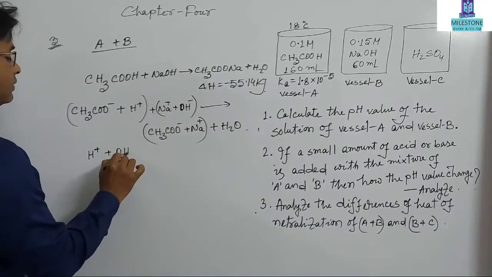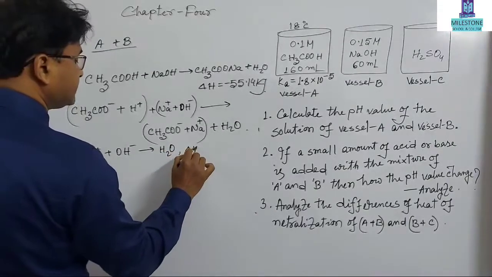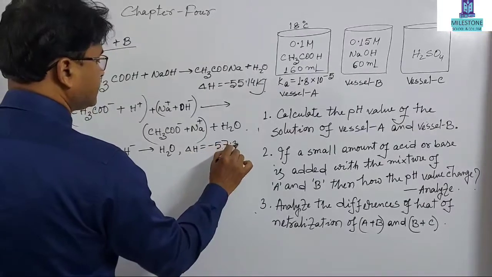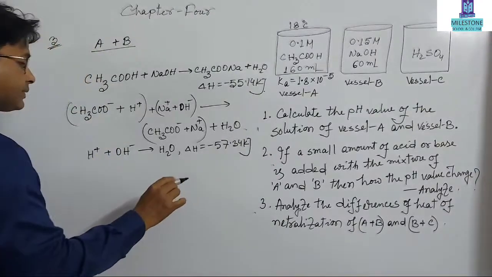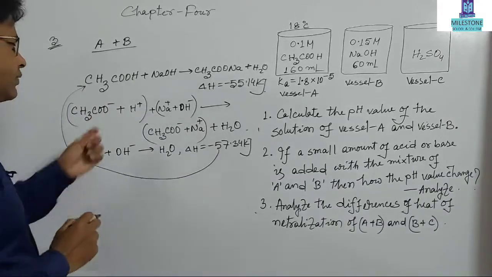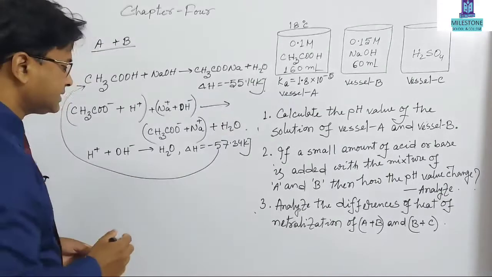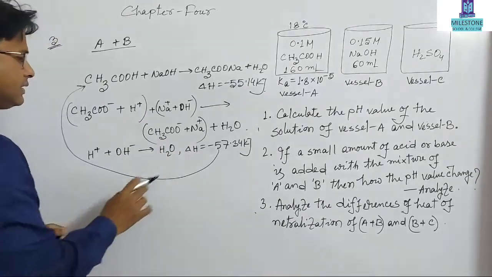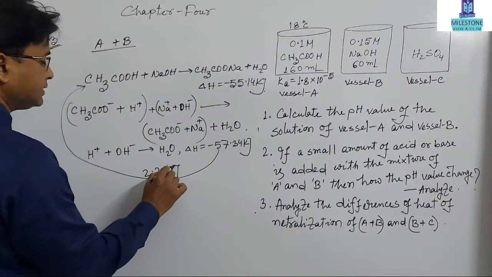In the 1 mole water formation reaction, the delta H value is actually minus 57.34 kilojoule, but this heat is used to break the remaining amount of ethanoic acid which was initially unionized, and in this work 2.2 kilojoule heat is used.